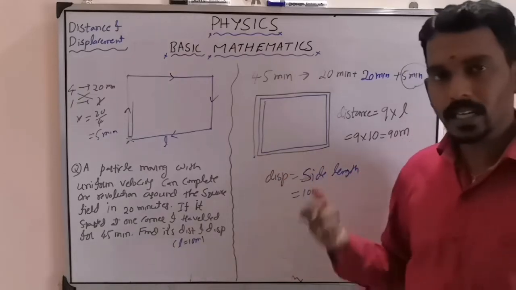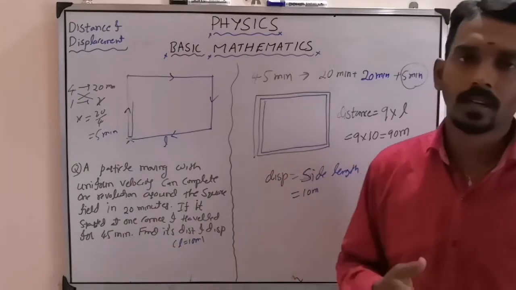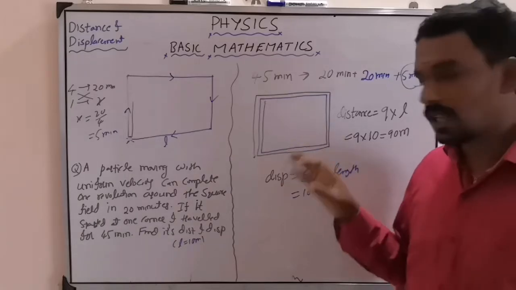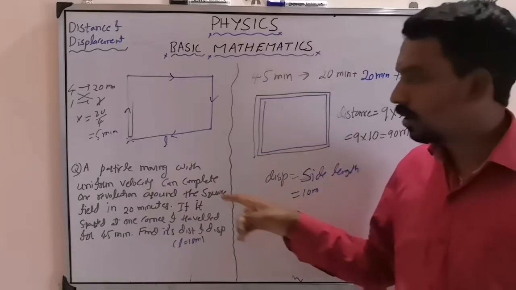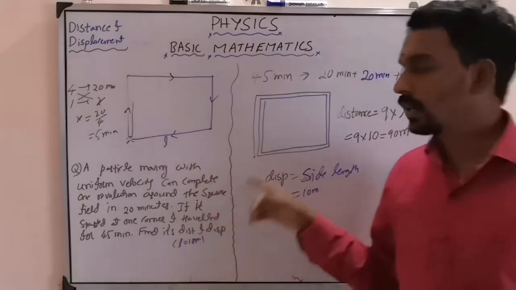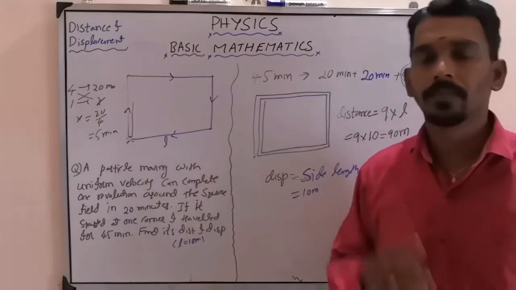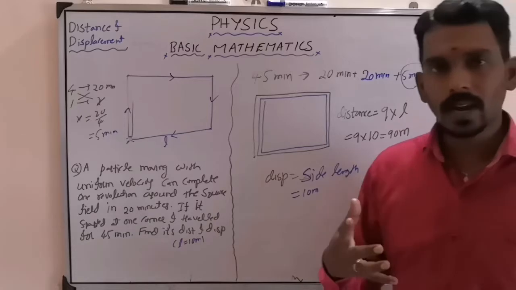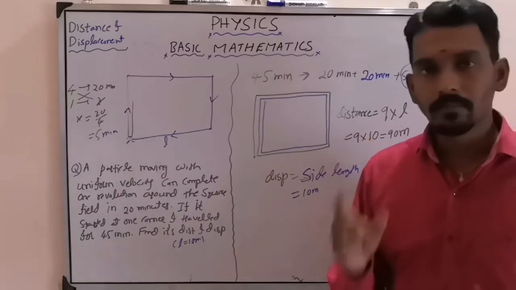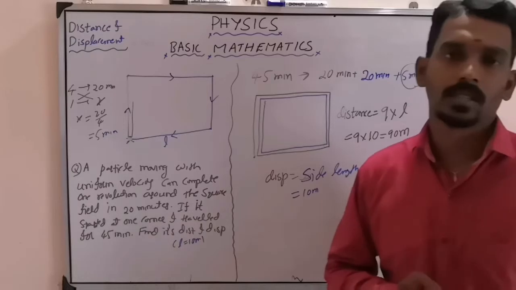But the way of creating the question makes it difficult, where you need to apply physics as well as mathematics. Also, the major role is that you need to understand and you need to draw the diagram if it is required. So understanding the question plays one of the major and important roles in solving physics.